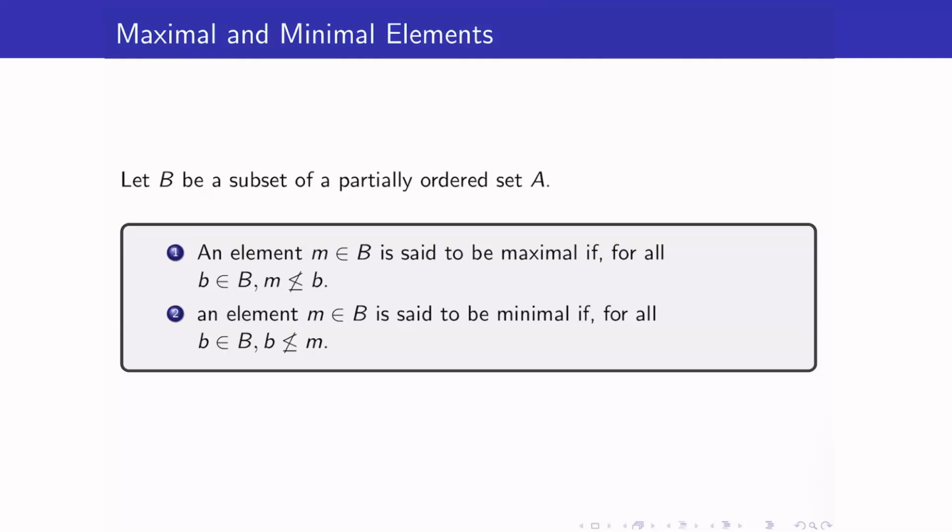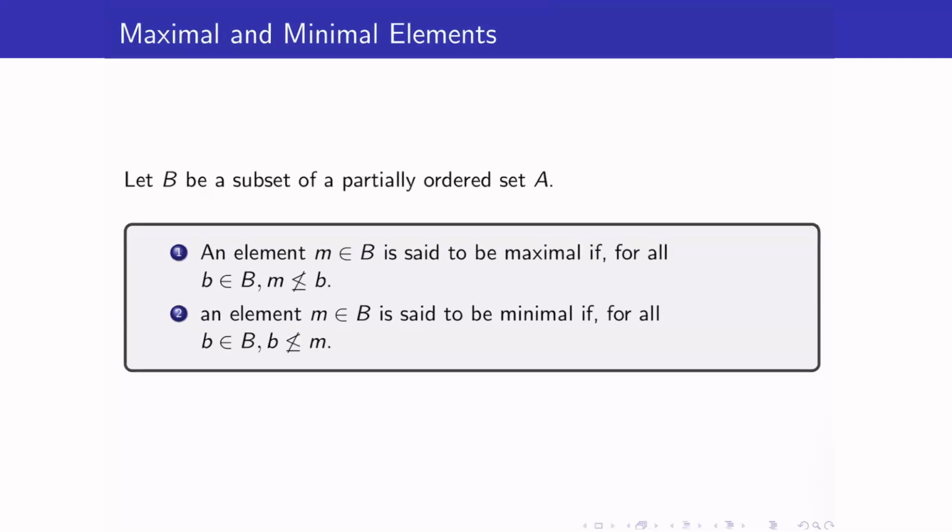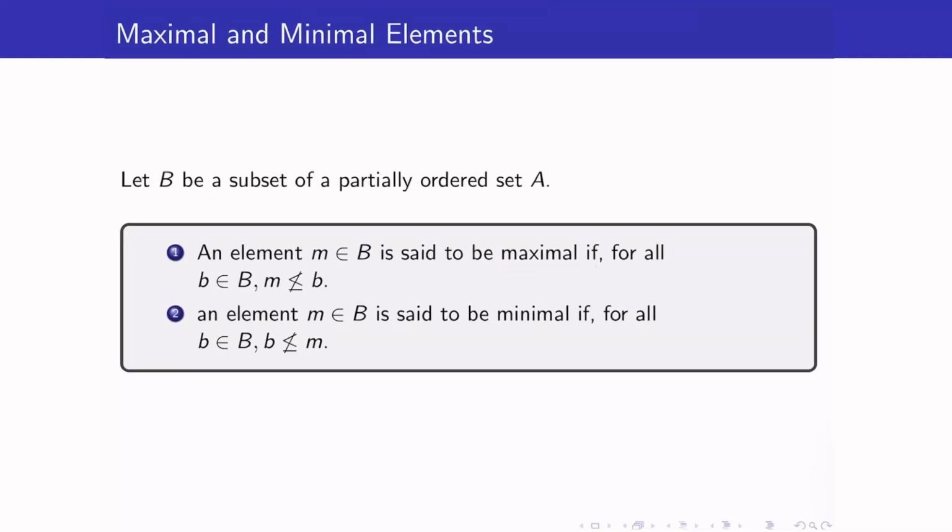We say that an element M is maximal if for all elements in B, the set that we are considering, M is not less than or equal to B. Again, this less than or equal to is the relation, so this is the partial order on the set A. So what does it mean?